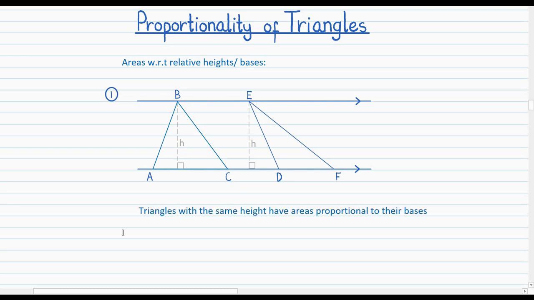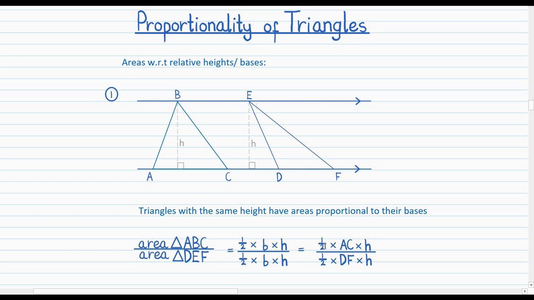And this can be shown mathematically by taking the ratio of the areas for these two triangles, meaning the area of triangle ABC divided by the area of triangle DEF. And you determine the area for both by saying half of base times height. Then replacing these terms with the sides that would actually represent them gives half times AC times H for ABC, meaning half times this base AC times the height.